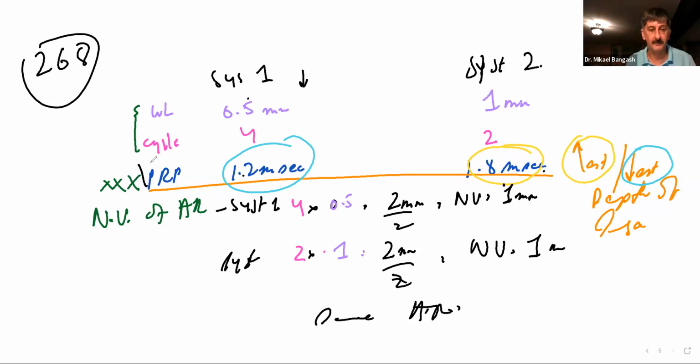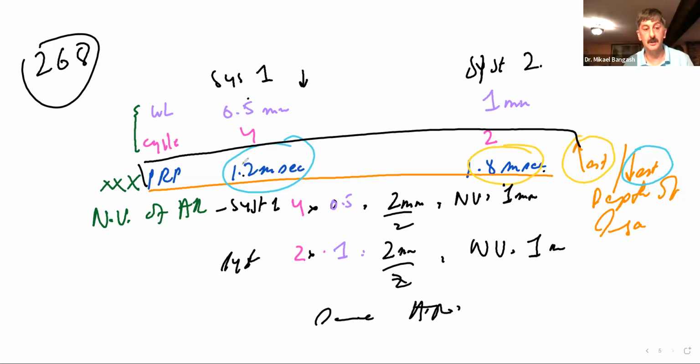This factor here is going to be determined by the depth of your image, and I showed you the relationships. If you want to know the depth of your reflector, we'll divide 1.2 by 13.